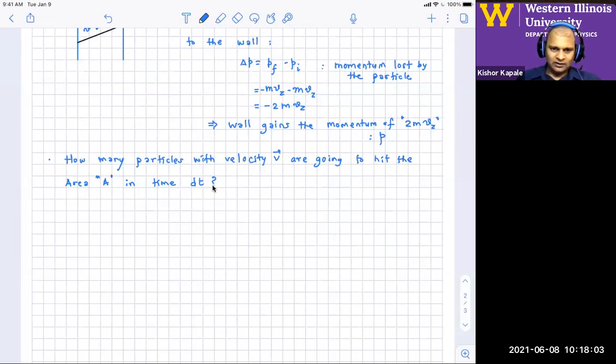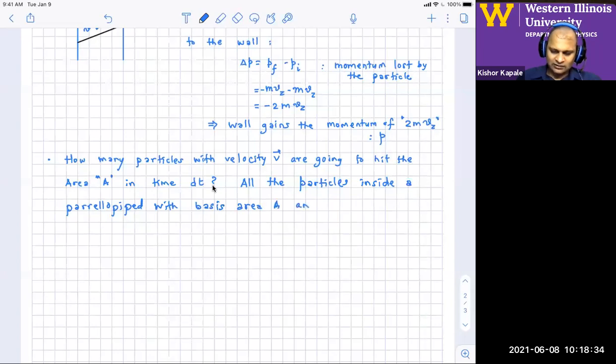So all the particles inside a parallelepiped with base area A and height Vz dt, right?